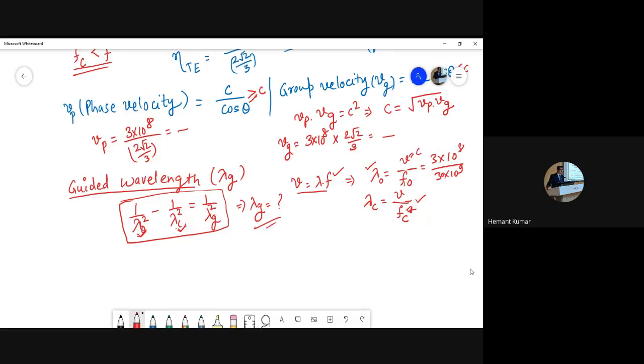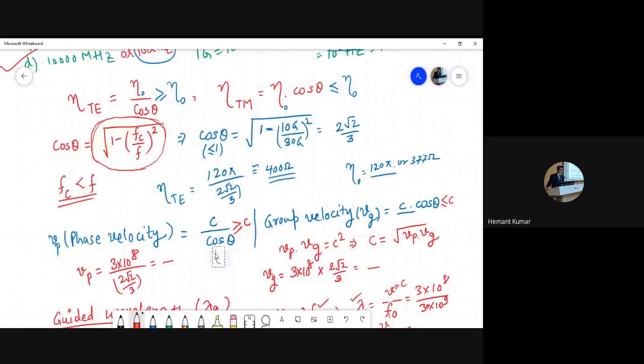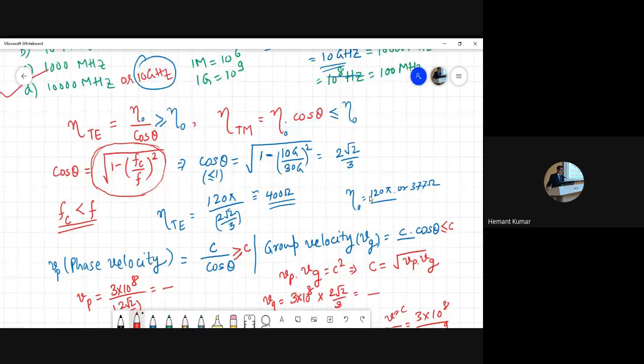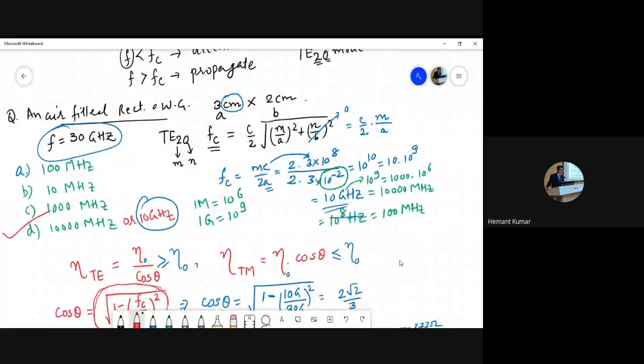So these are some of the formulas in the waveguide. And because a waveguide acts as a high pass filter, if the question is whether a wave operating at 5 gigahertz will propagate through the waveguide or not, it will depend on the cutoff frequency.